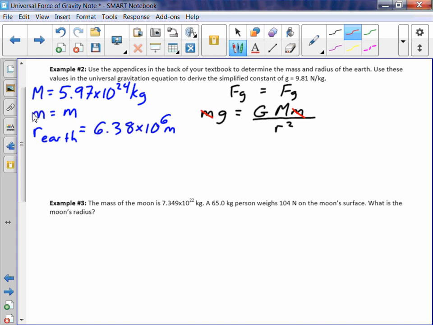Okay, so we're calculating the force of gravity two different ways here. All we have to do is plug in the proper values on the left and right-hand side.